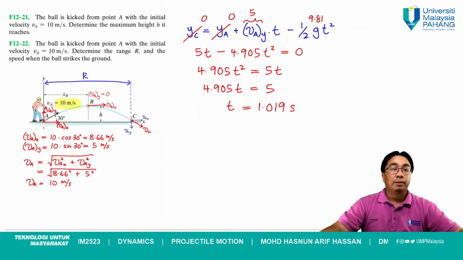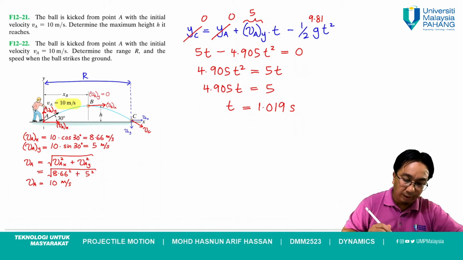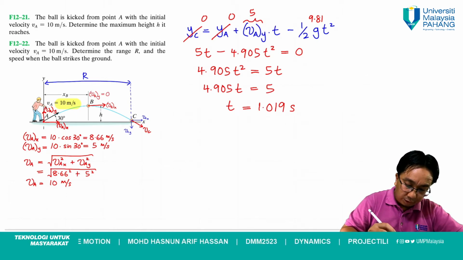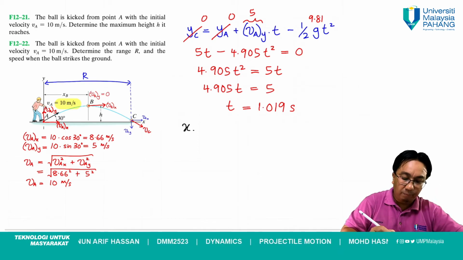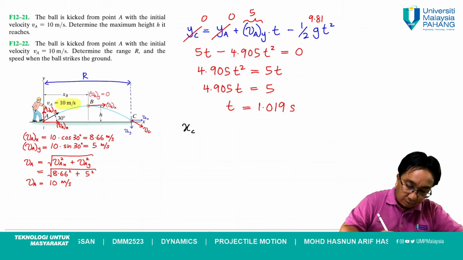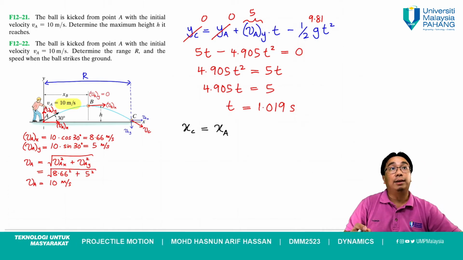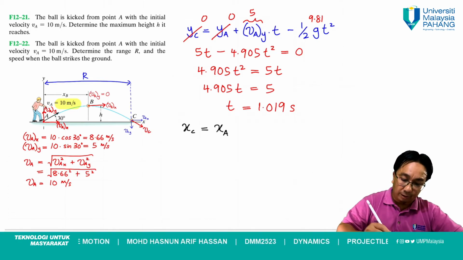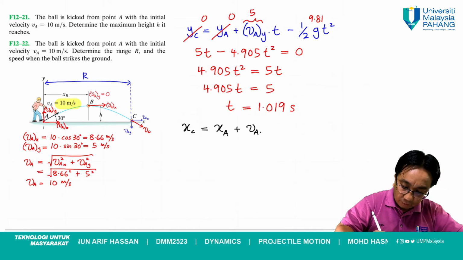Okay, so kita akan gunakan equation tadi, which is x at C is equal to x at A, x naught tadi ialah xa lah, plus VA x times t.